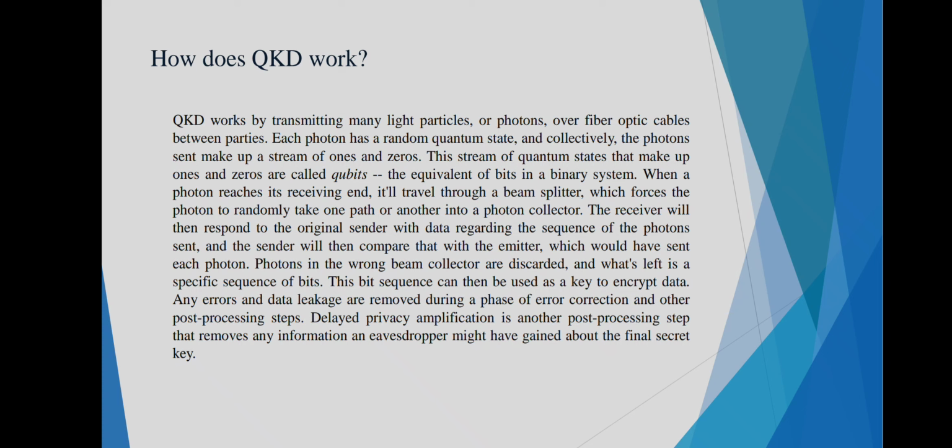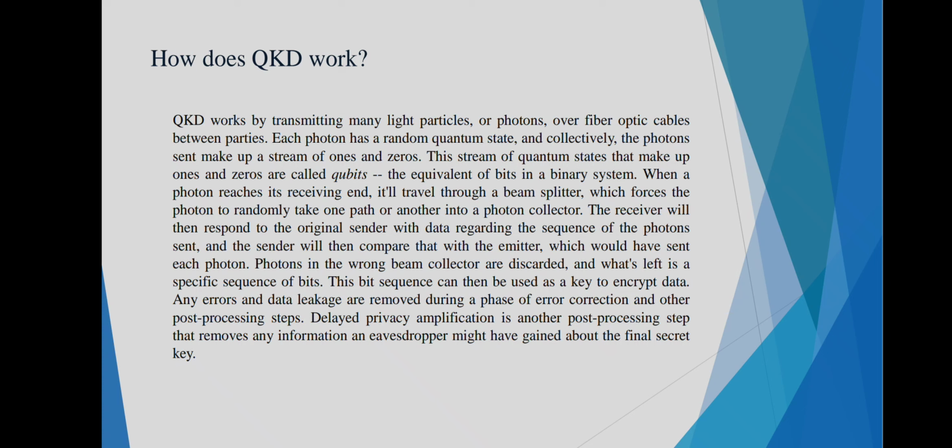Each photon has a random quantum state, and collectively the photons sent make up a stream of ones and zeros. This stream of quantum states is called qubits, the equivalent of bits in a binary system, that is, the binary numbers 0 and 1.